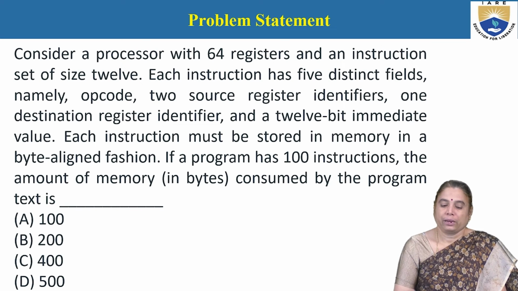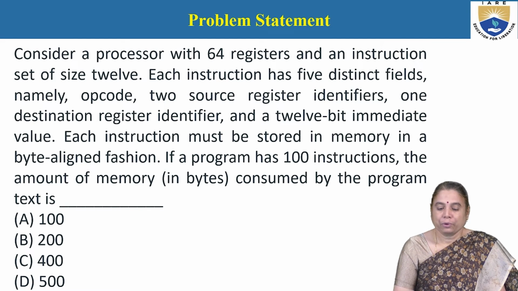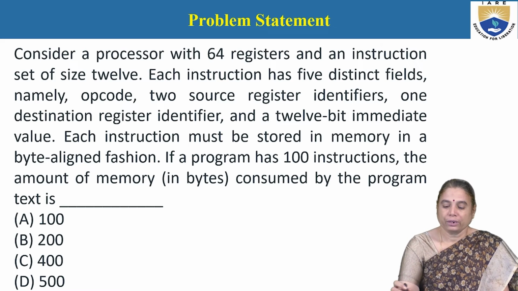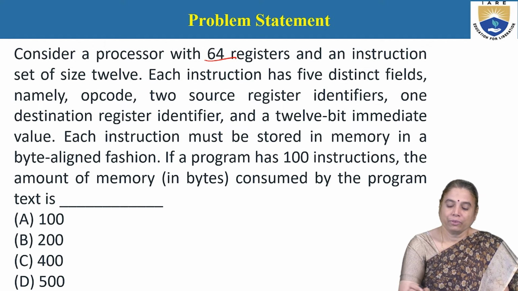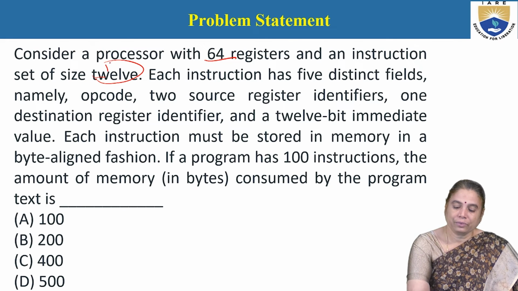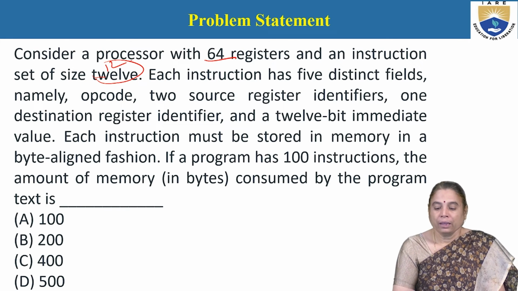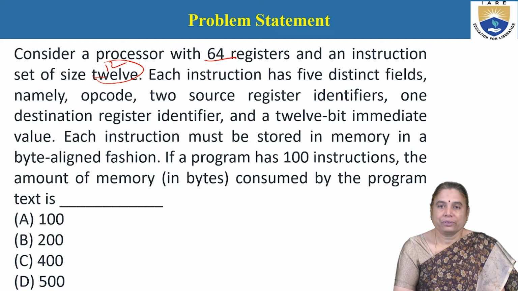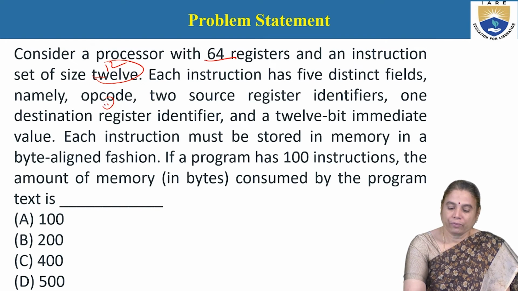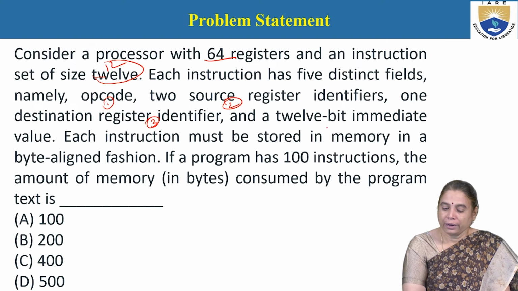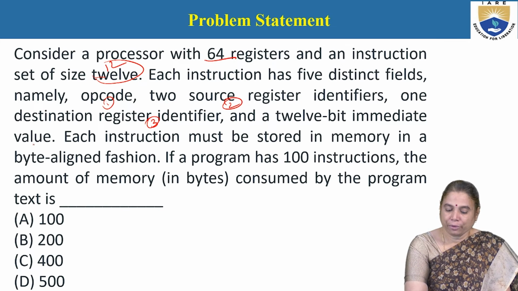Next problem statement is, consider a processor with 64 registers and an instruction set size of 12. 12 is the instruction set size. Each instruction has 5 distinct fields, namely opcode is the first field, next 2 source registers, 1 destination register identifier and a 12-bit immediate value.